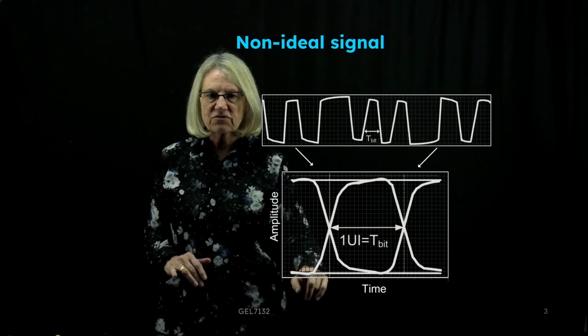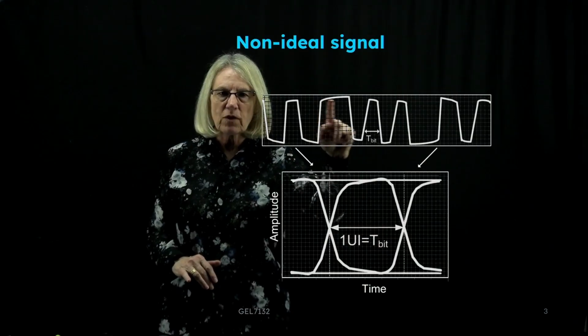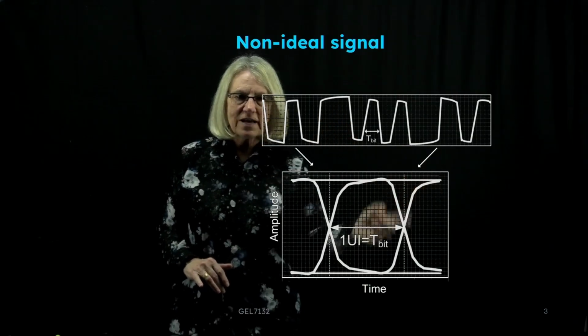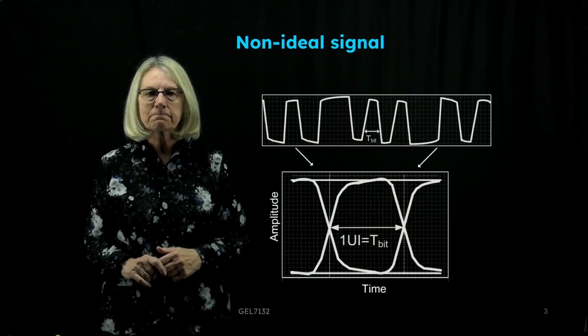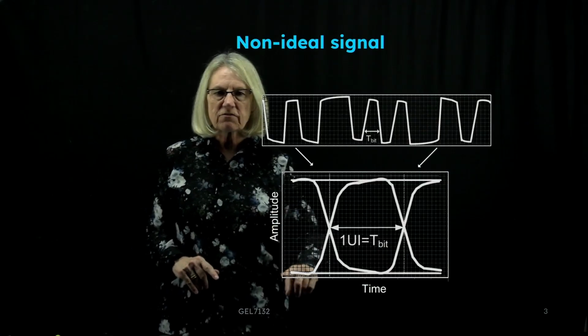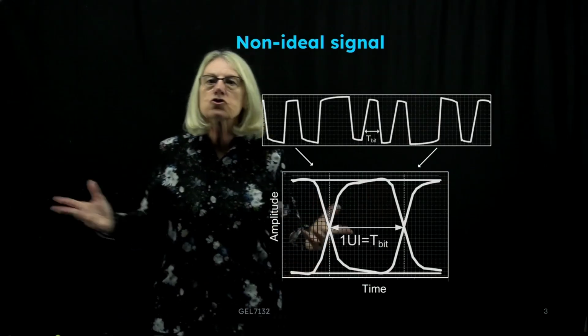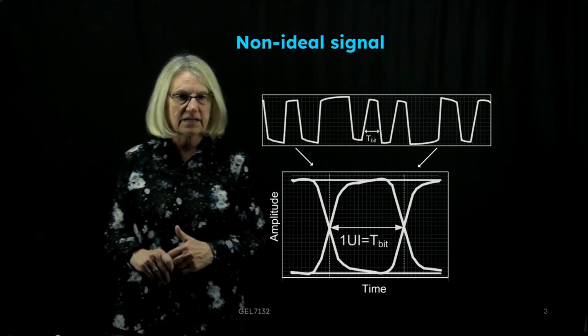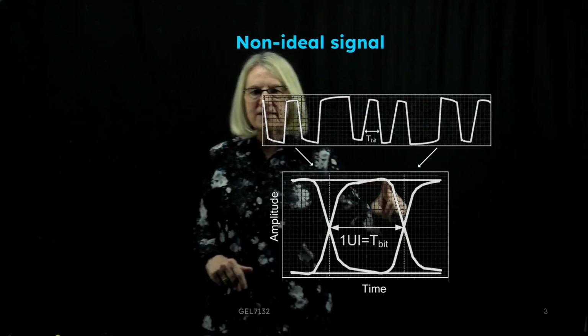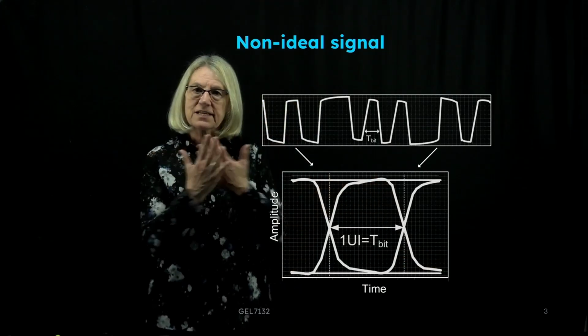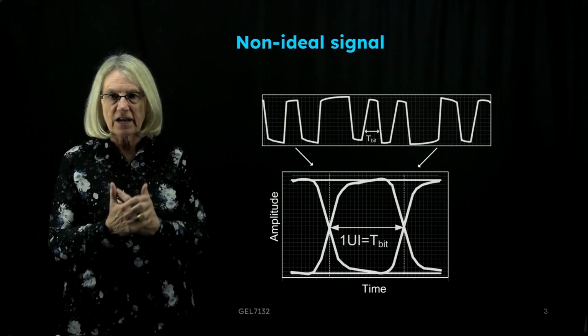When there's a transition from a 0 to a 0, it's mostly staying at the bottom. But when I'm switching from a 0 to a 1, there's a certain slope now. It's not just like infinite slope right up. And the same thing in the other direction. But I still pile them up on top of one another.